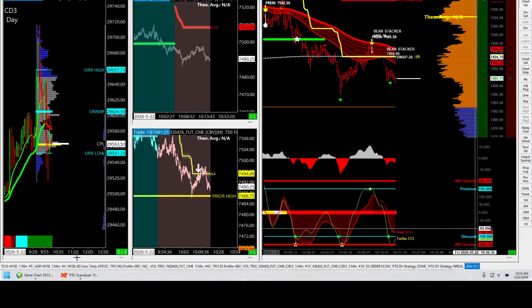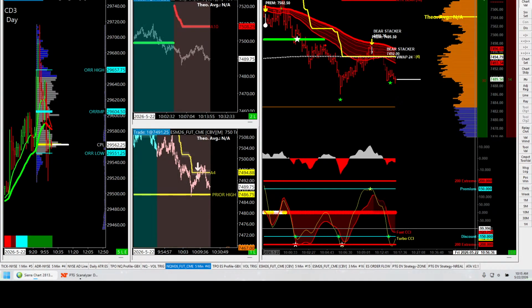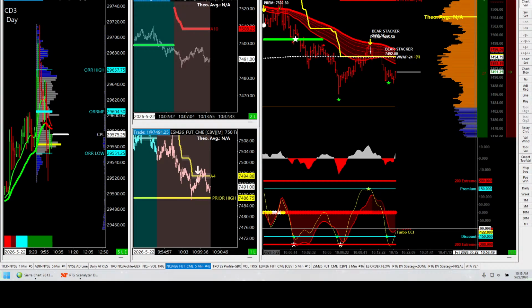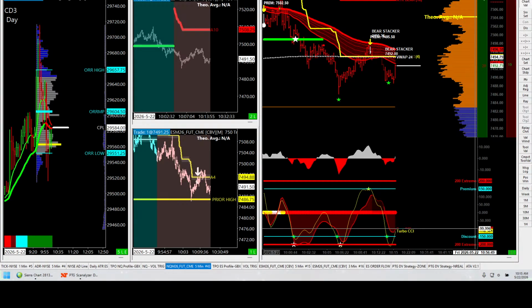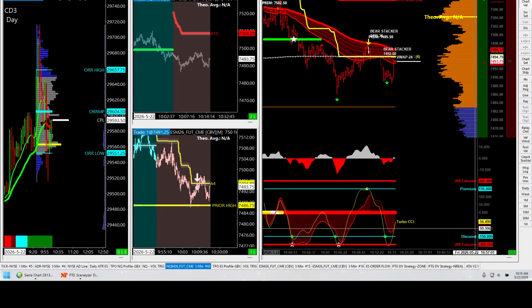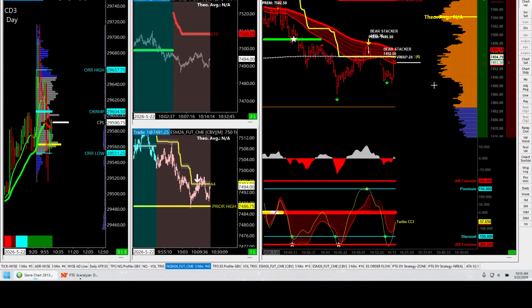All right, NQ heading down as well. Opening range plays got stopped. Didn't play out today. Bulls are going to fight it here, right around this VWAP prior high.